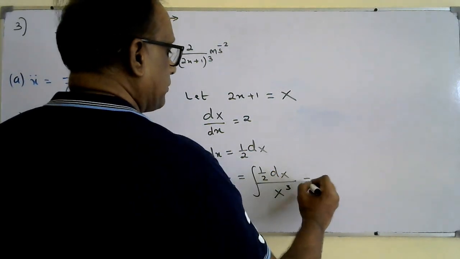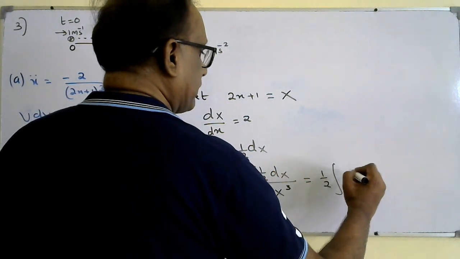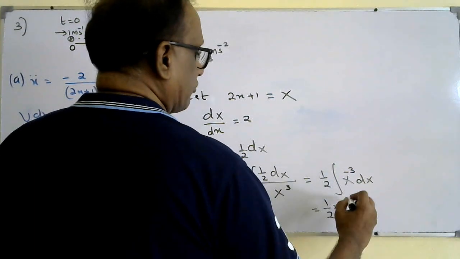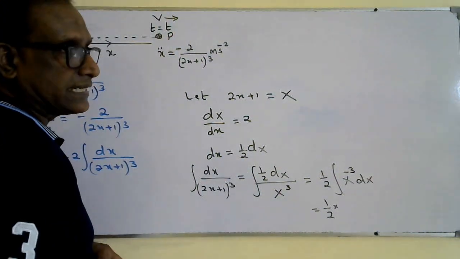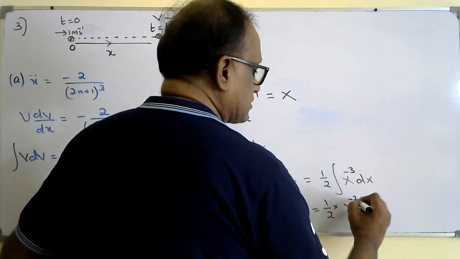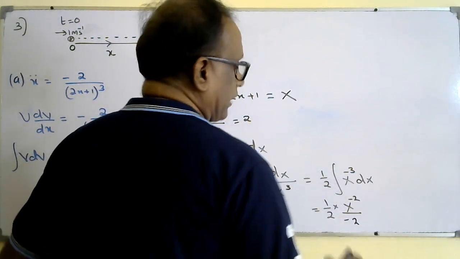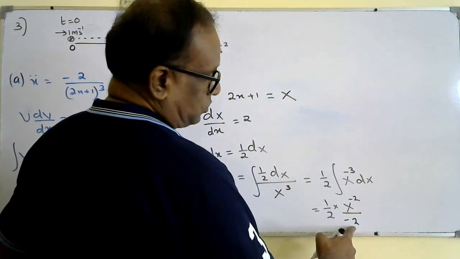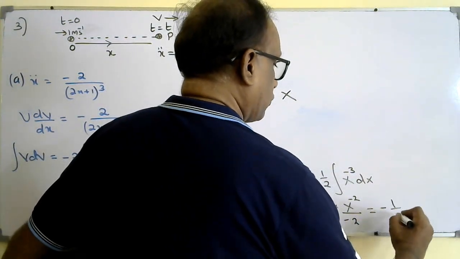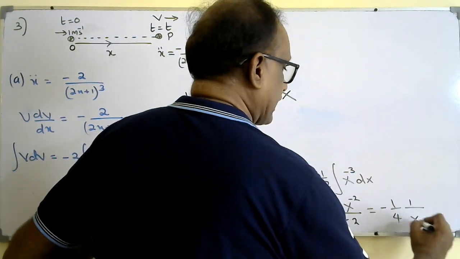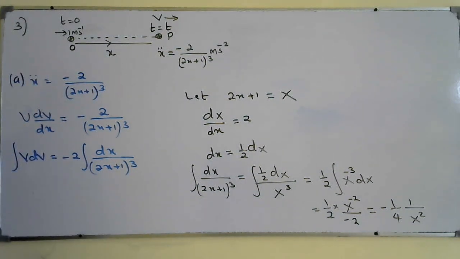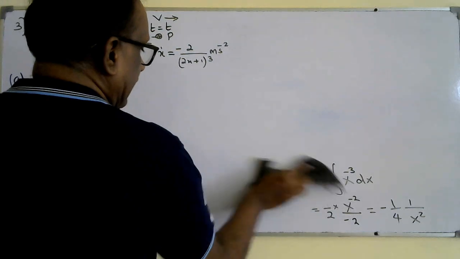So now it's going to be half integral X to the power minus 3 dX. That gives half of X to the power minus 2 over minus 2. Then you get minus 1/4 of 1 over X squared. Instead of X squared, you can substitute (2x plus 1) squared. Anyway, you can do it this way, or you can remember the standard format.